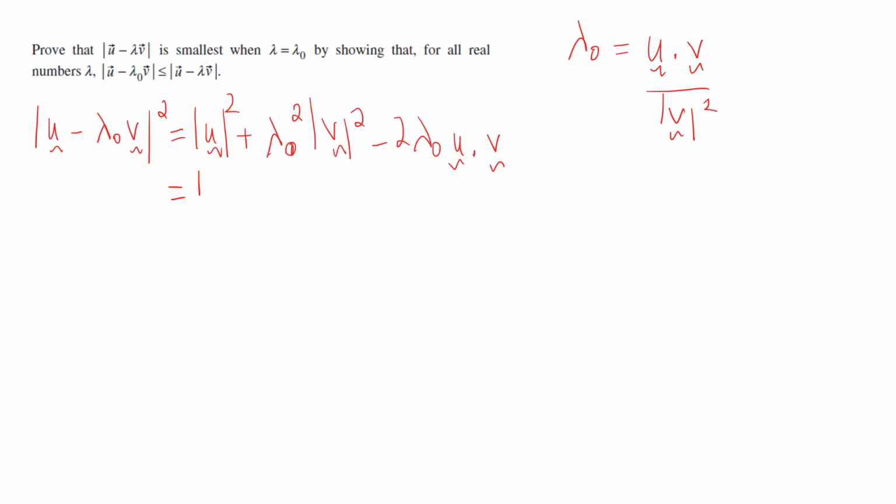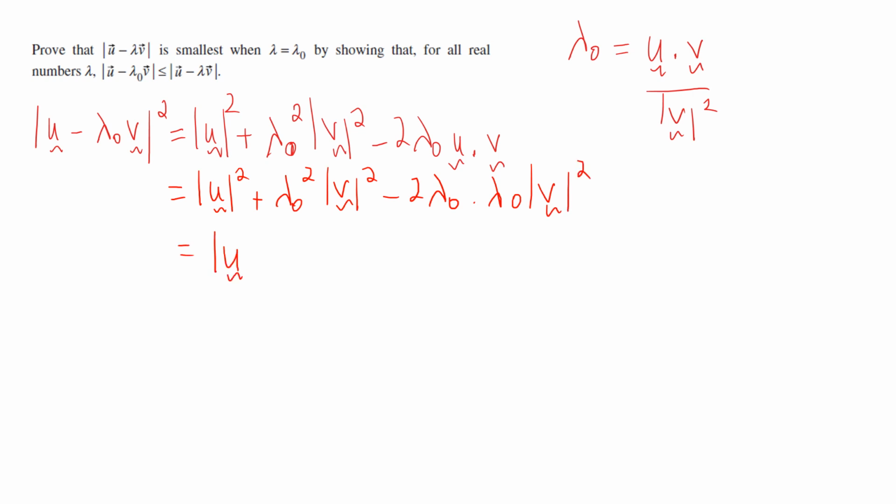And so we get magnitude of u squared plus lambda naught squared, magnitude of v squared. Now substituting in for u dot v, we get lambda naught magnitude of v squared equals magnitude of u squared, take away lambda naught squared, magnitude of v squared.